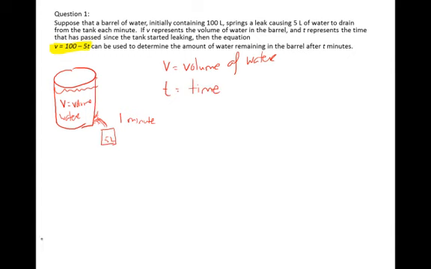So now I know that this is the formula I have to pay attention to, and this V that's in the formula is the volume of water, and T, that's also in the formula, is the time, because I got that all from this background information. Here it says T represents time, and V represents volume of water.